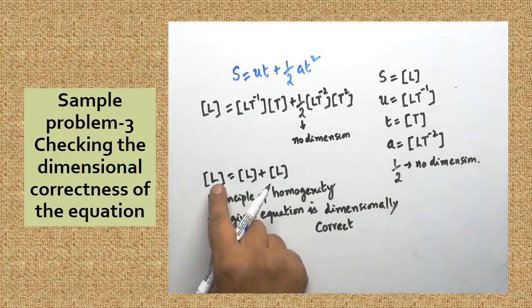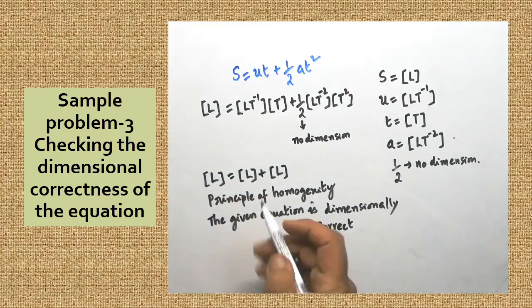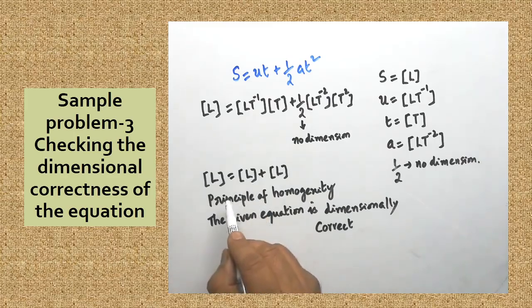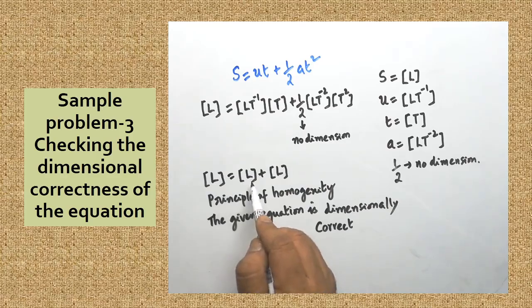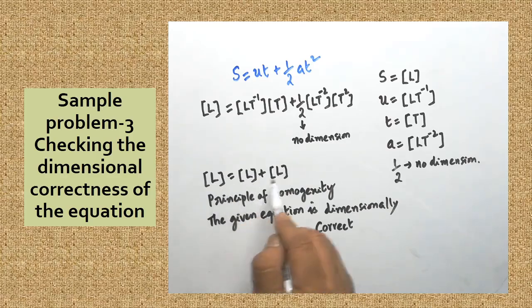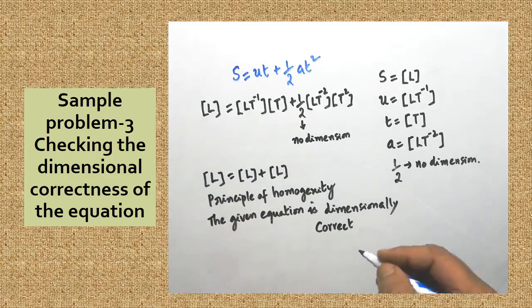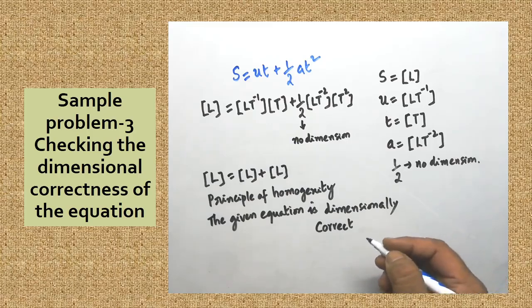Because all the dimensions must be the same. If there is any variation in the dimensions, the given equation won't be correct. In this case, as per the principle of homogeneity, the factors of the LHS side and the factors of the RHS side all have the same dimension L. That's why this is called dimensional correctness. Okay. Thank you.